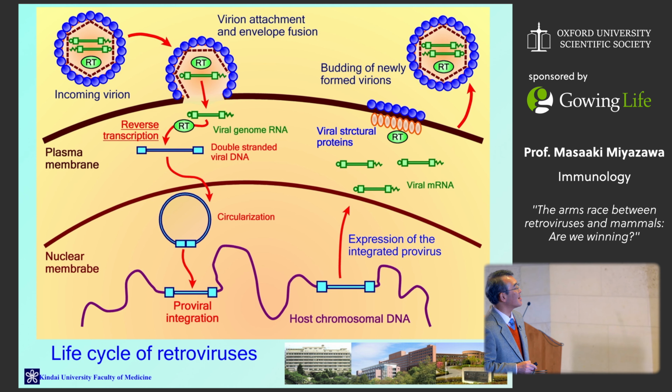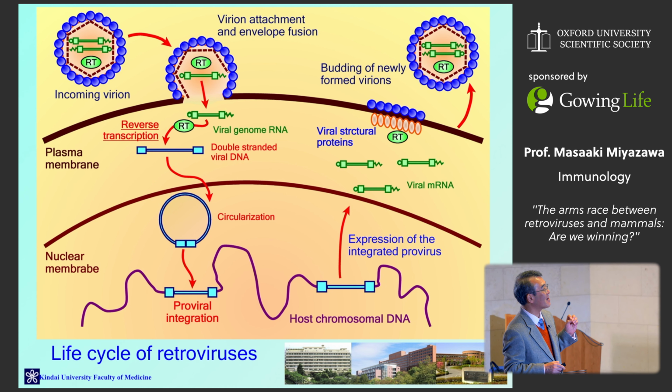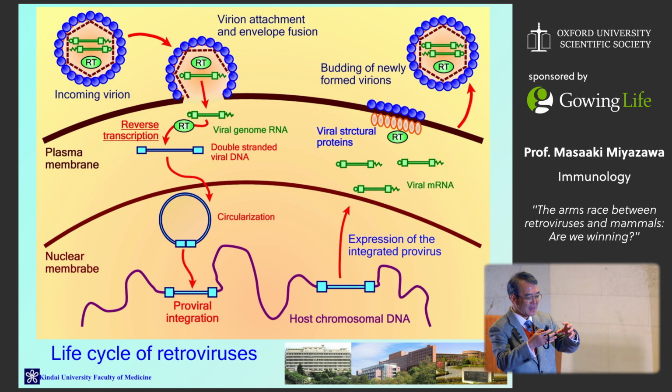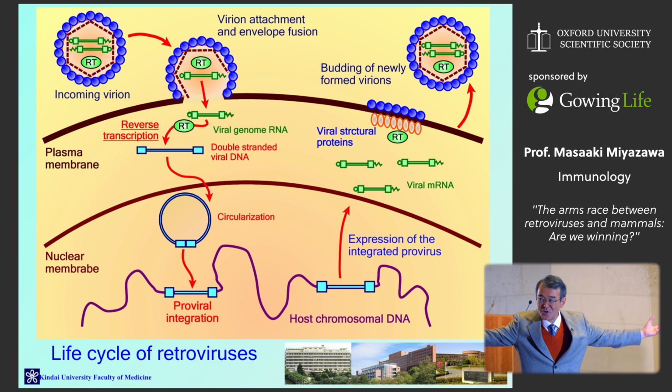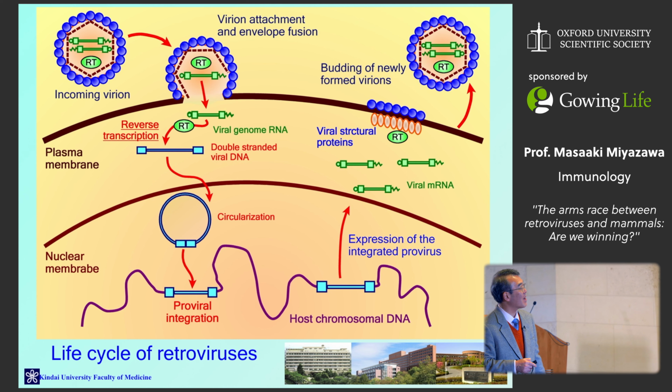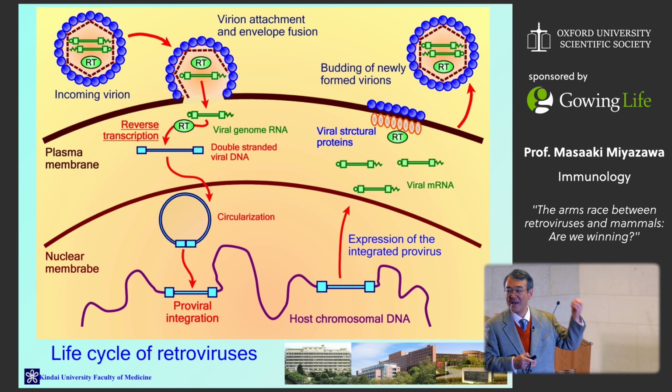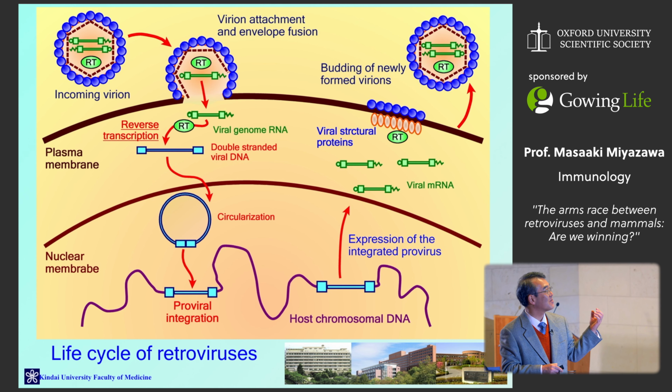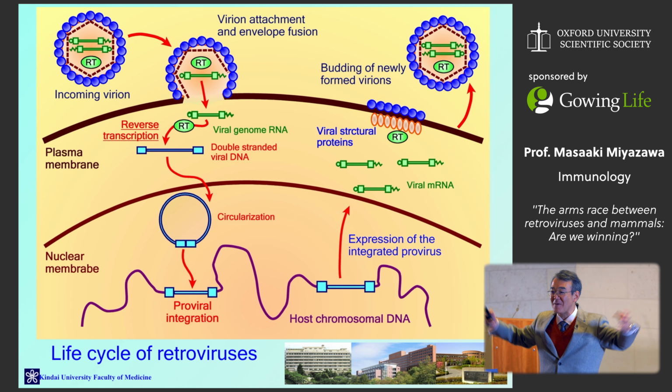Budding means that the infected cells produce virus particles by pushing the virus particle out from the cellular membrane, and no disruption of the cellular membrane occurs during the process of budding, meaning that once cells are infected with retroviruses, those cells can continue producing virus particles without being destroyed.